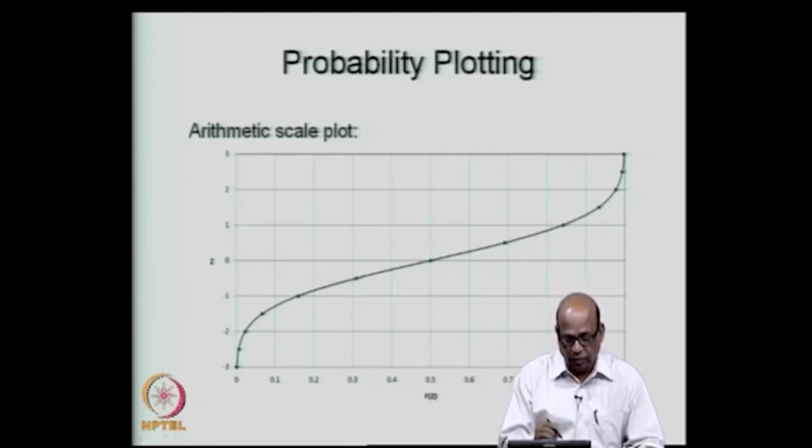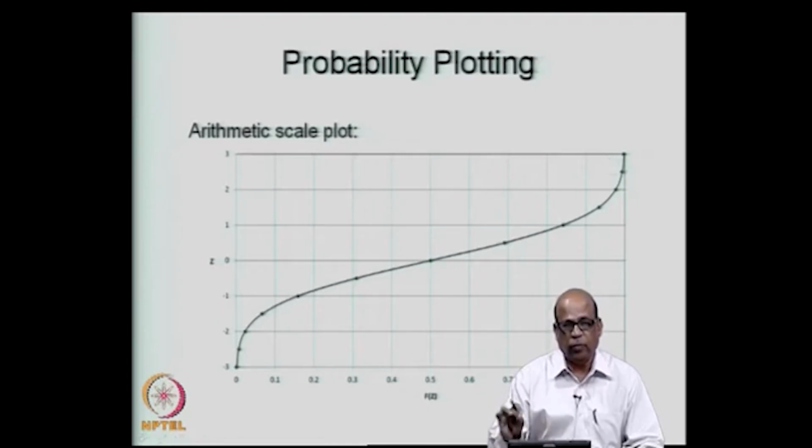Which means that essentially we are transforming the F of z scale here from the arithmetic scale to another scale which we call the probability scale, such that this CDF, which is plotted as a nonlinear curve, will in fact plot as a straight line. So, the procedure is very simple.